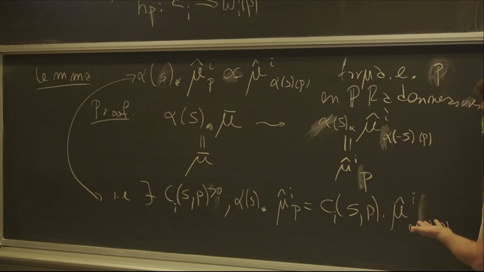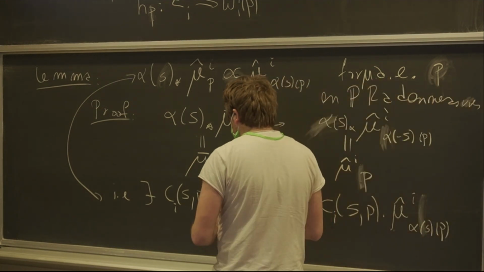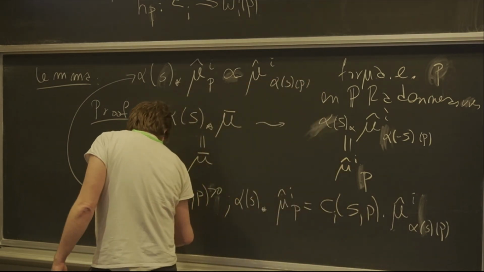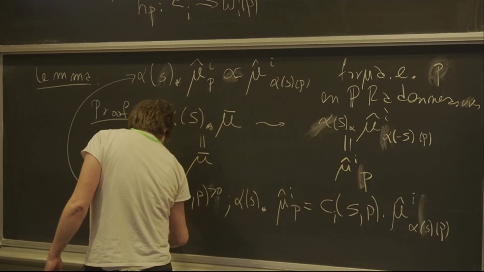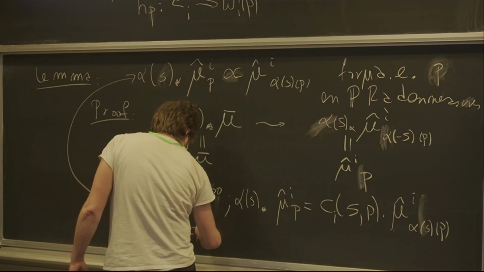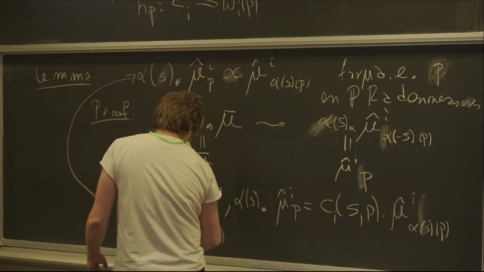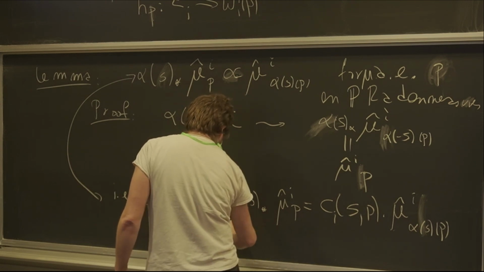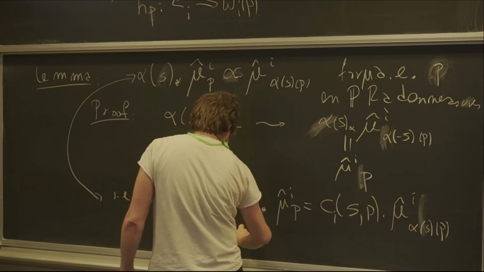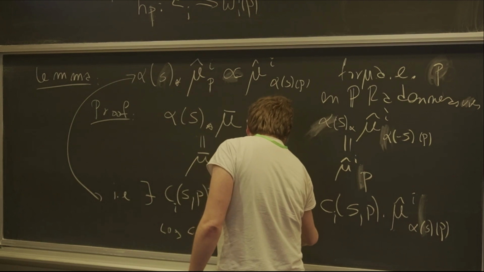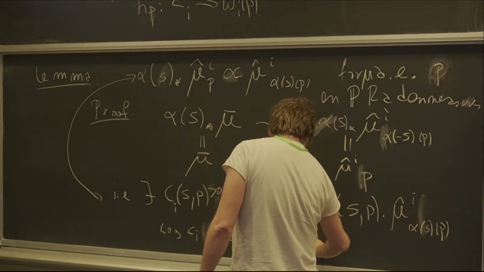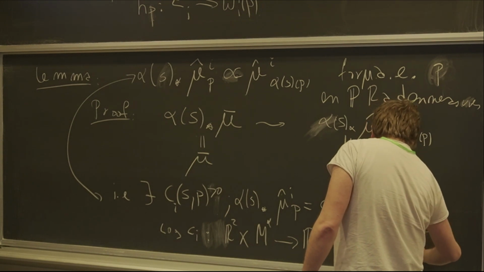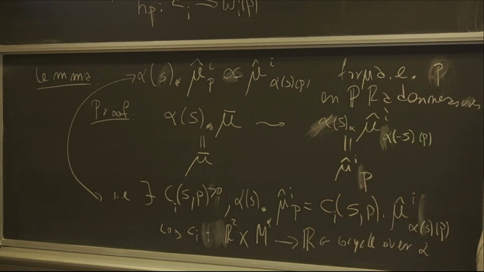Now it's very easy to check that, not that we are going to use it at all, but it's nice information that log of c, if you think of this from R^2, which is the group acting, times M_α, which is the space, into R, is a cocycle over α.